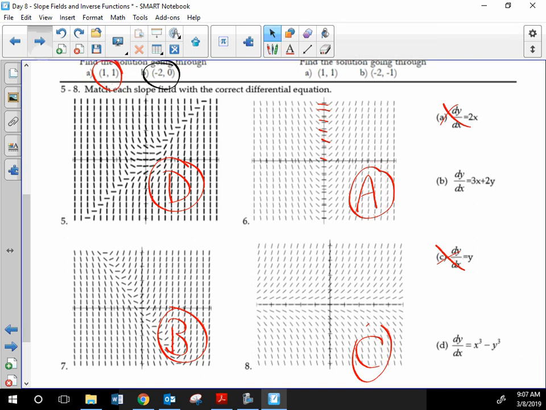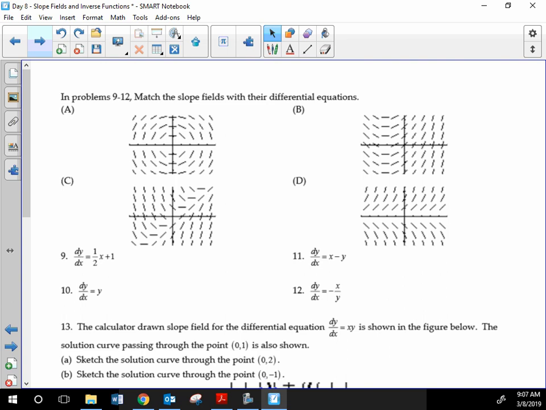Okay, let's take a look at our next one. Again, same idea here. We've got 4 different graphs. Go ahead and match them up with your differential equation.